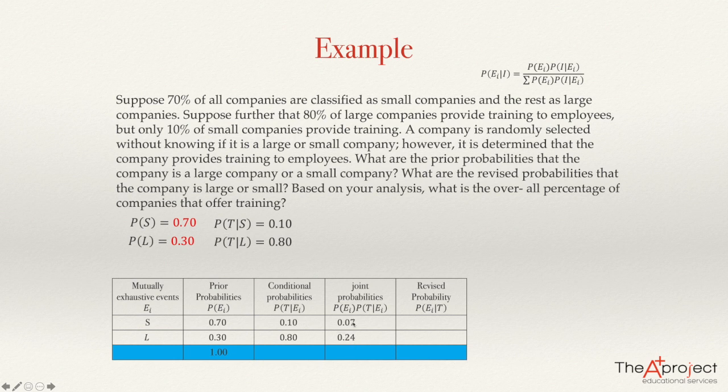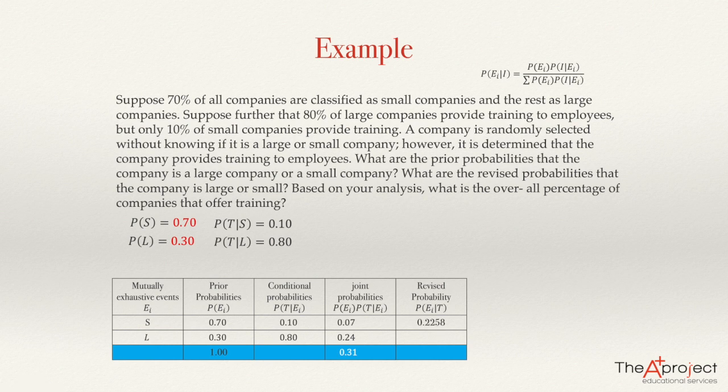Adding together all these joint probabilities to find the denominator of the Bayes theorem, it will be 0.07 plus 0.24 equals 0.31. So let's type it here. Just dividing 0.07 by the total of the joint probabilities, 0.07 divided by 0.31, this will be 0.2258.